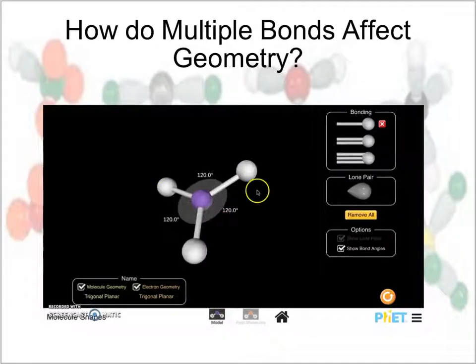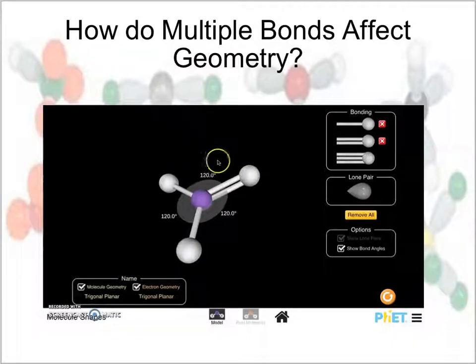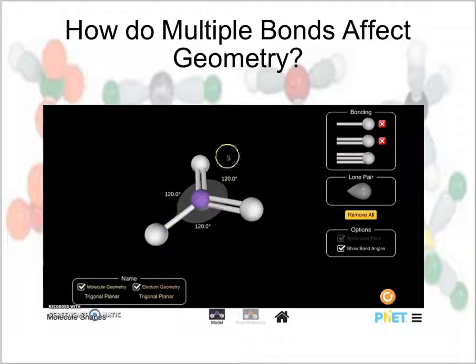All right, so what happens if you had multiple bonds instead of just these single bonds? How does that affect our geometry? So you see right now we have 3 single bonds, and we have trigonal planar geometry, both in the electron domains and the molecular geometry. And now we start adding double bonds, a double bond, another double bond, okay?